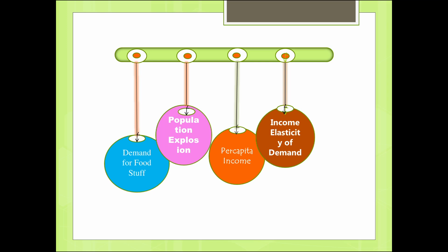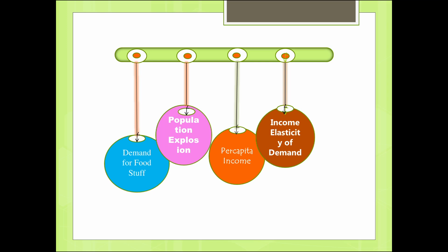When there is more income generation among individuals, it leads to more demand for foodstuff. This leads to demand for foodstuff as well as non-foodstuffs. It is a general thing. When we are in need of more demand, we are in the stage of producing more agricultural goods and services.